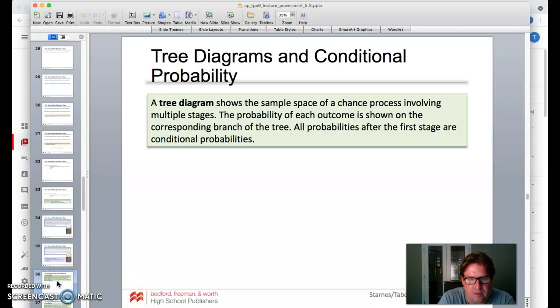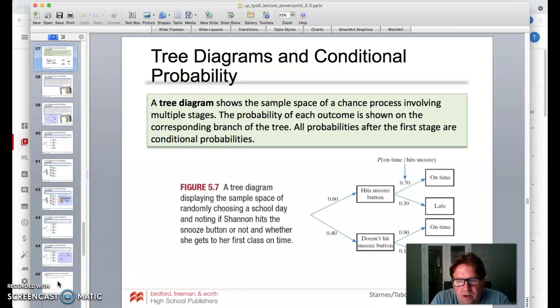So, conditional probabilities. Here's a tree diagram displaying the sample space of randomly choosing a school day and noting if Shannon hits the snooze button or not, and whether she gets to her first class on time. On a given day, there's a 60% chance that she hits the snooze, 40% she doesn't.